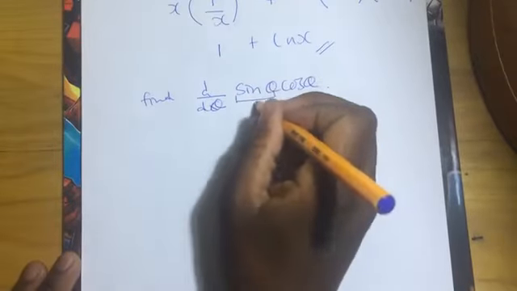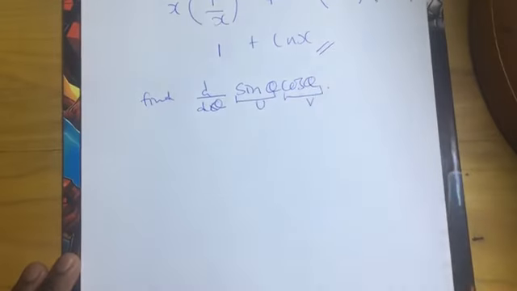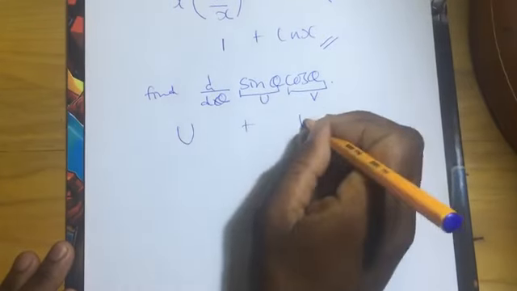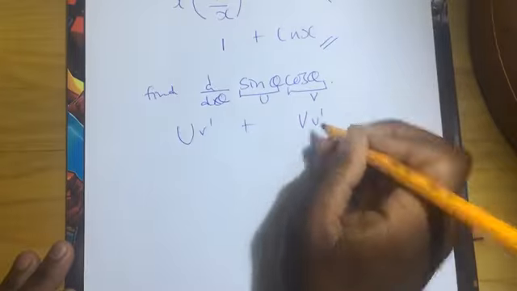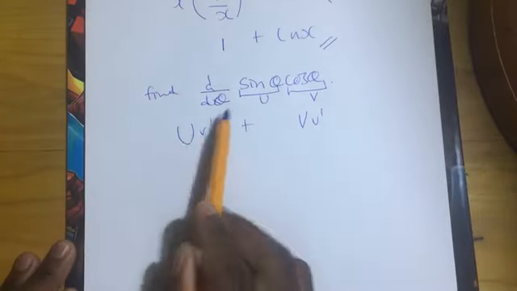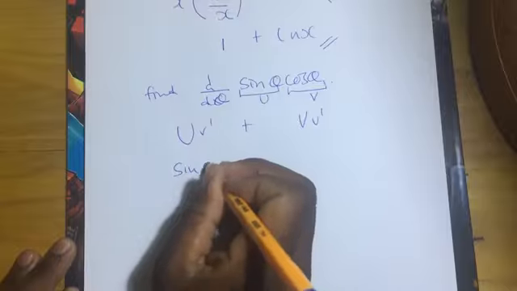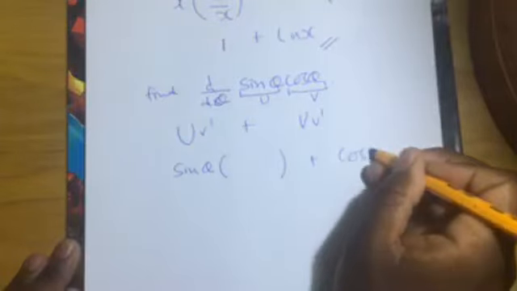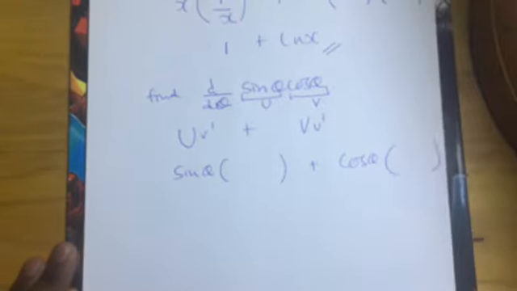So quickly, this is going to be my u, this is going to be my v. So u v prime plus v u prime, okay? So my u is sine theta, so sine theta multiplied by that, plus cos theta multiplied by that.